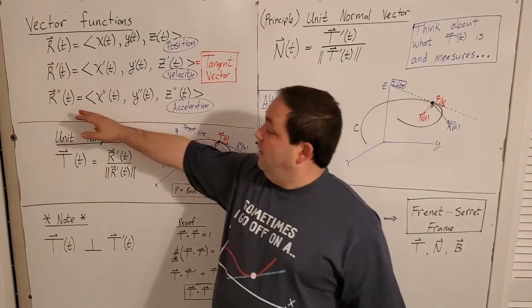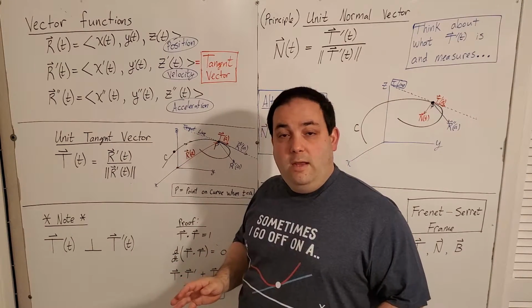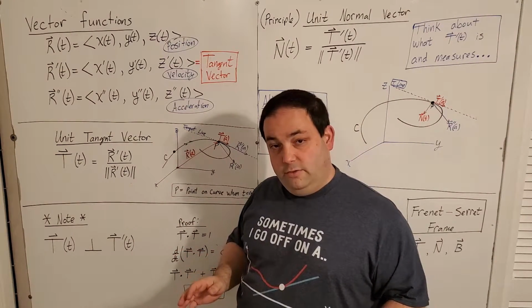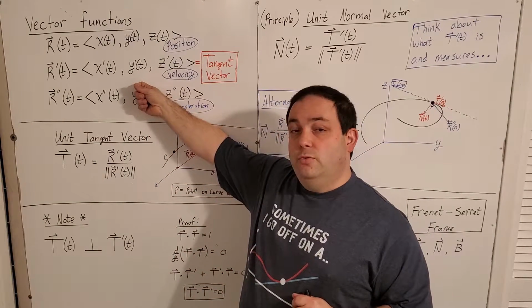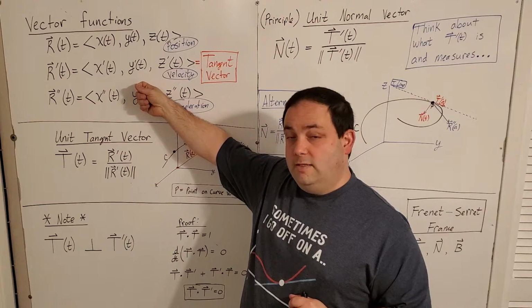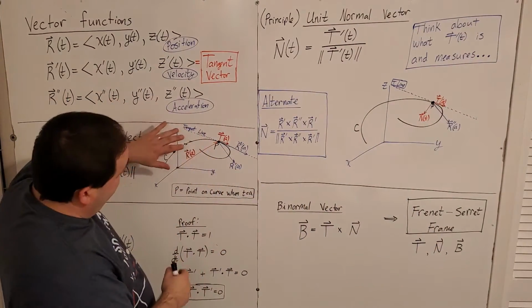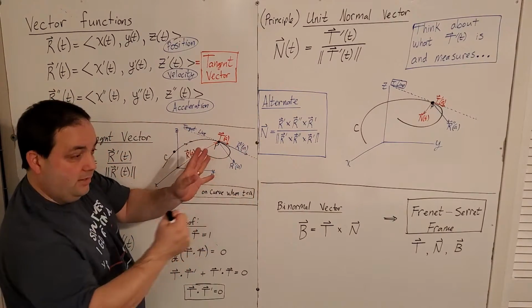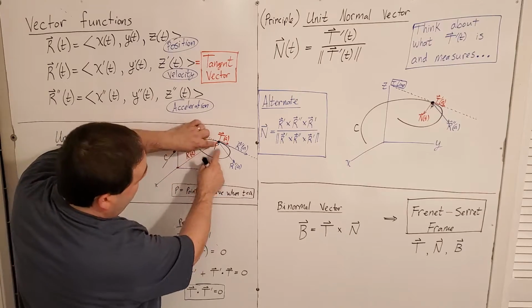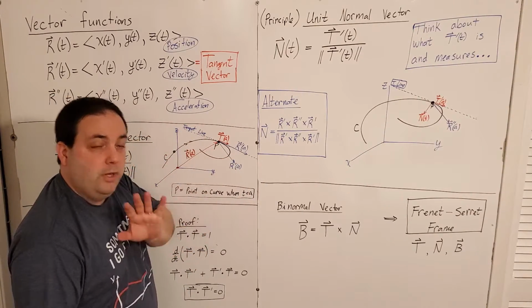So the r double prime, the acceleration, does not necessarily give you a perpendicular vector or a normal vector because it's not always at a right angle to the r prime velocity vector, okay? So it is the acceleration vector. Notice it will be pointing in the direction that the curve is turning, right? Because it's like being pulled that way, but there's more going on there.